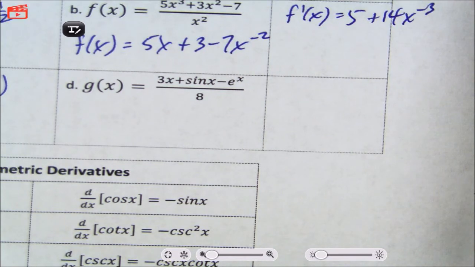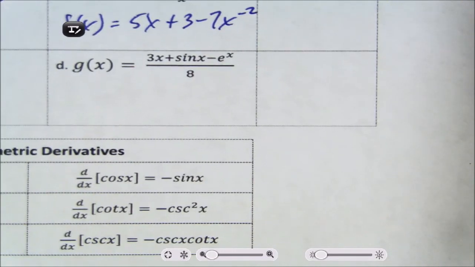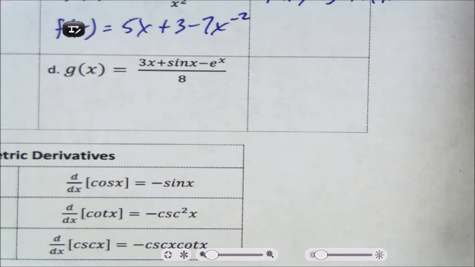So whatever calculus tools you have at your disposal, you can use that tool. But sometimes you can't avoid that rule.